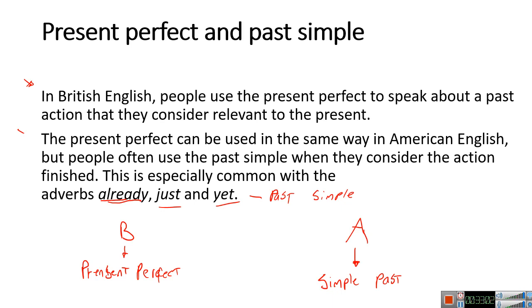This means already, just, and yet are used only in past simple in American English. Exactly like that. What does yet mean? It means todavía.